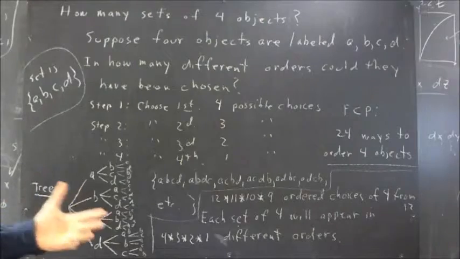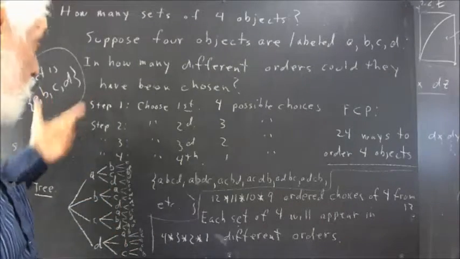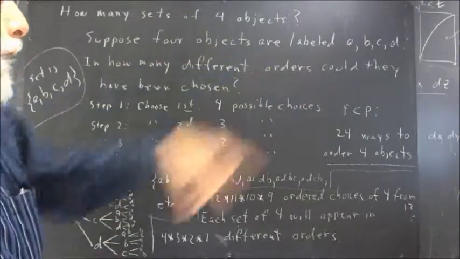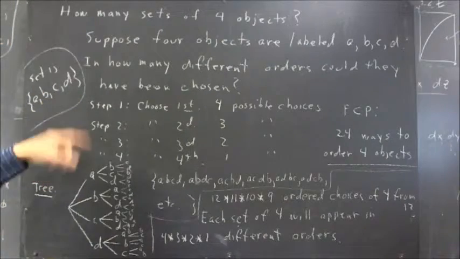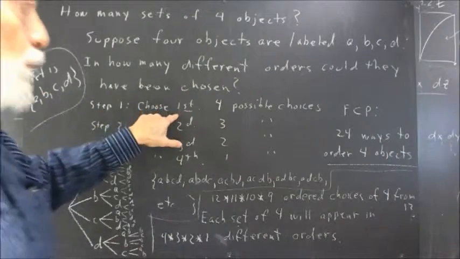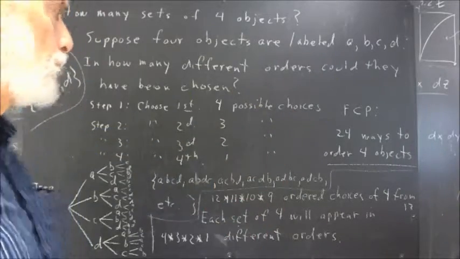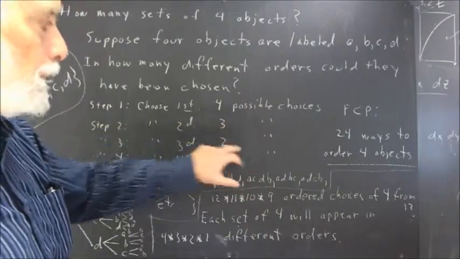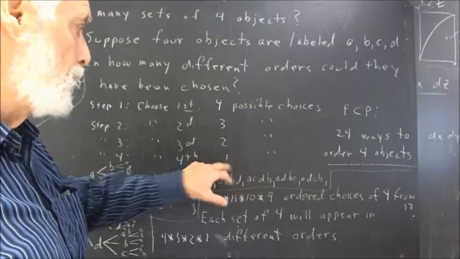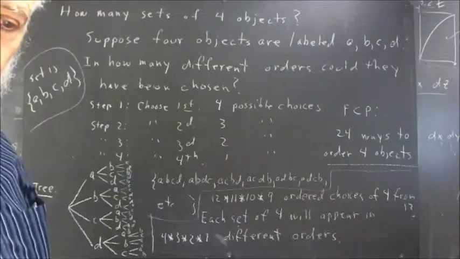Well, we can break the ordering of these 4 objects into 4 steps. In step 1, we choose the one that's going to be first. There are 4 possible choices for the one that's chosen first. Then 3 for the one that's chosen second, 2 for the one that's chosen third, 1 for the one that's chosen fourth.